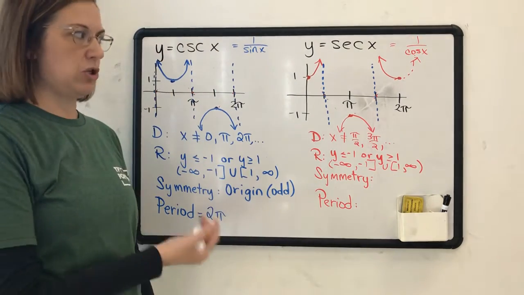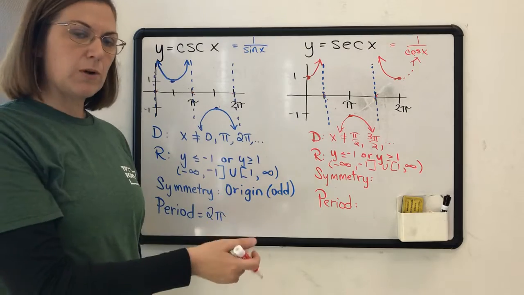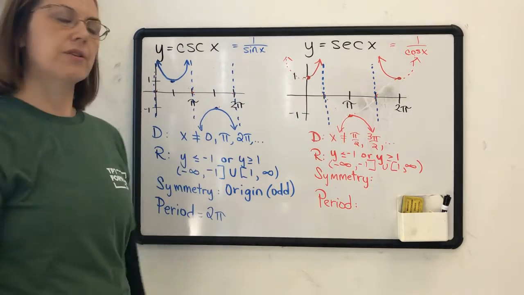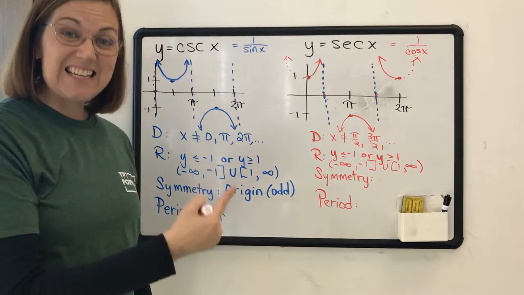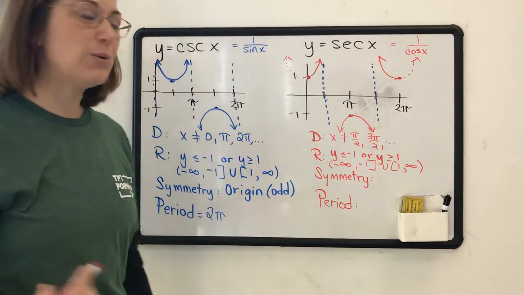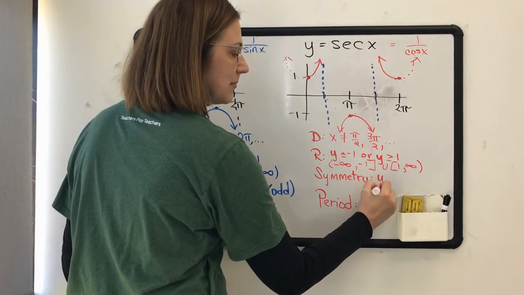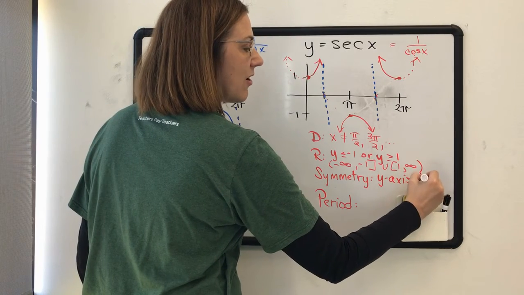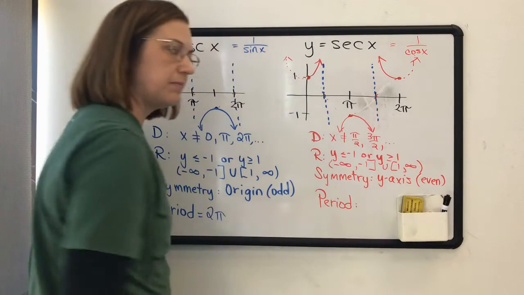Okay, what about your symmetry? Now remember, we're only drawing one section of this graph, but it actually continues in both directions. Secant has the same symmetry as cosine, and that is y-axis symmetry, because both cosine and secant are even functions.